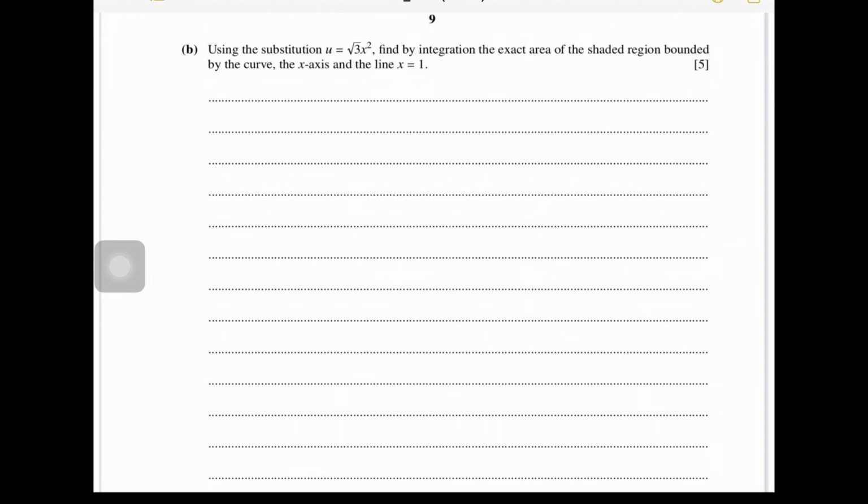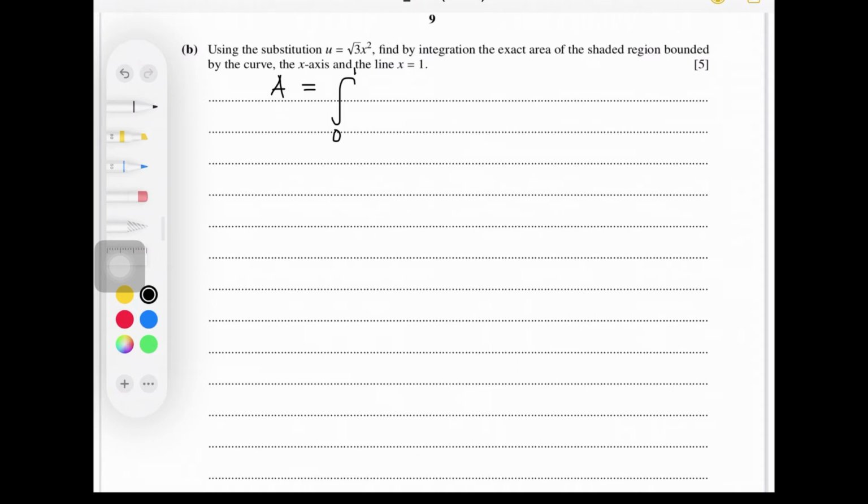So the area, using the integration, is A equals the integral from 0 to 1 of x over 1 plus 3x to the power of 4 dx.